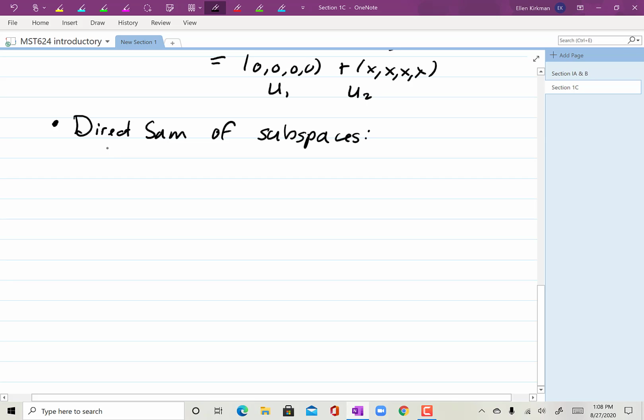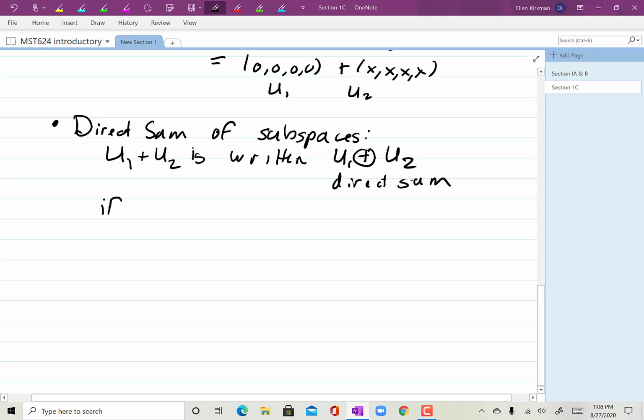Okay, so again, you can have more, but let's just look at 2. So it's written like this, and that's called a direct sum if every vector in this sum is expressible uniquely.